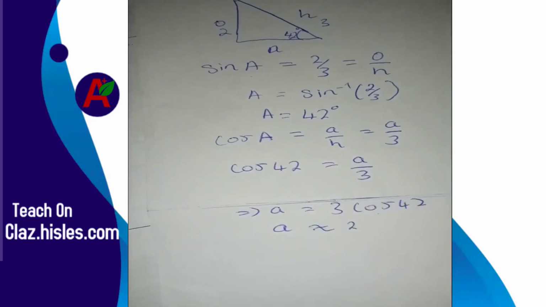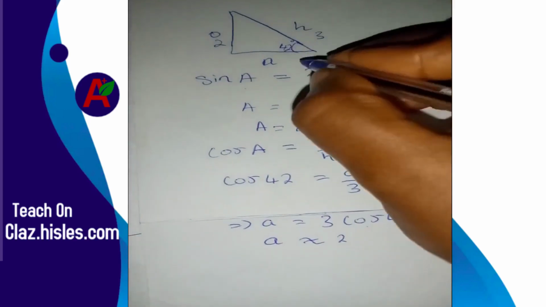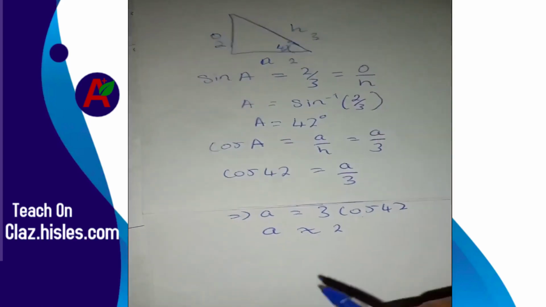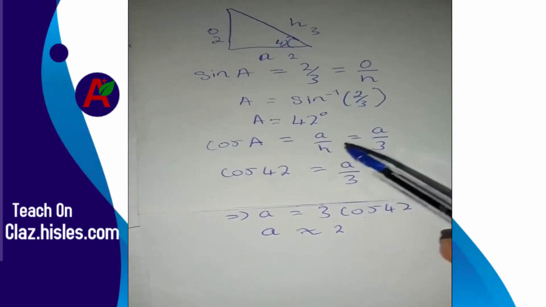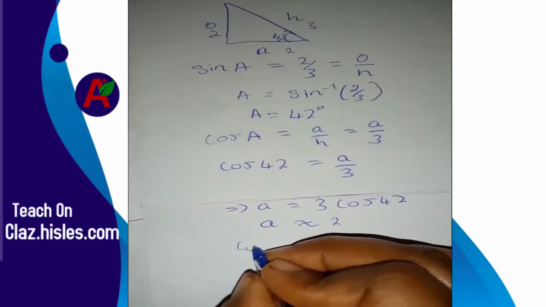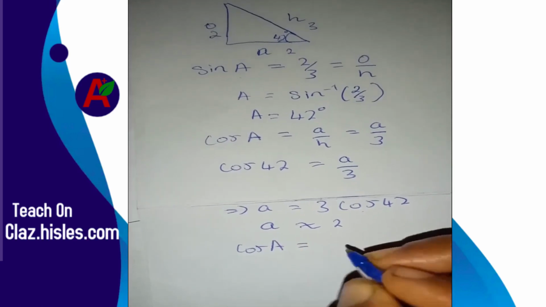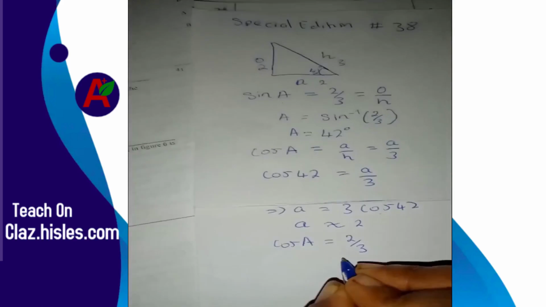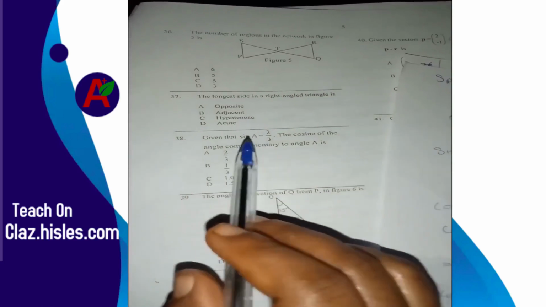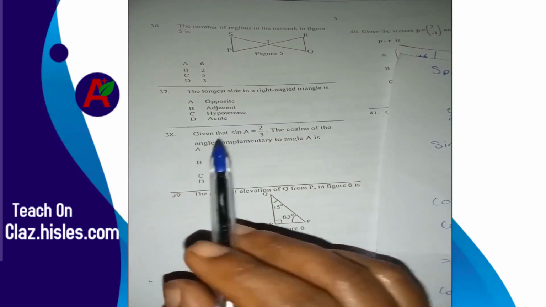So our adjacent is 2. Since cos A is adjacent over hypotenuse, cos A is 2 on 3, and we have 2 on 3 here. So the answer to number 38 is A.